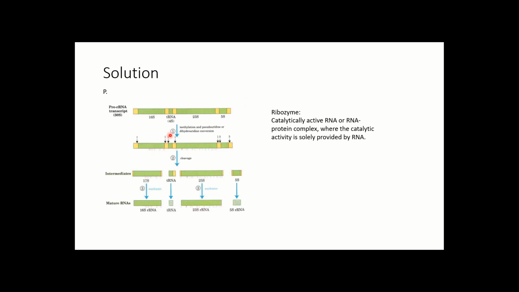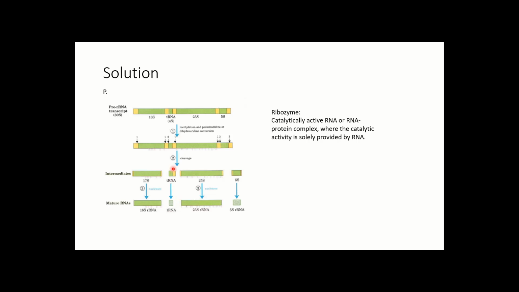This number 2, which is at the edge of a tRNA, that cleavage is mediated by RNase P. After the RNase P cleavage, we get this tRNA, which is of course an immature tRNA transcript, an intermediate. It will be converted into the mature tRNA after trimming of this portion.